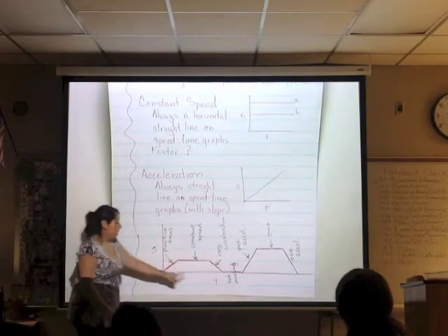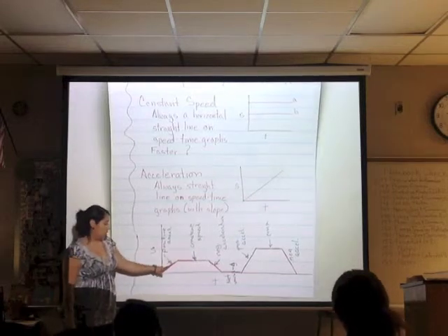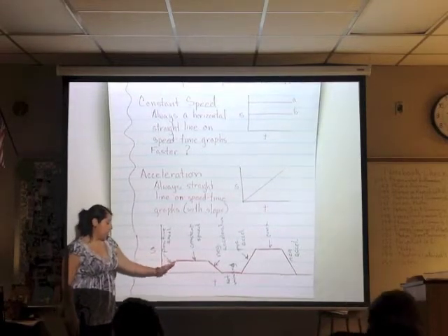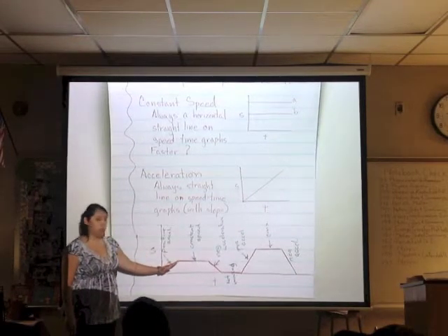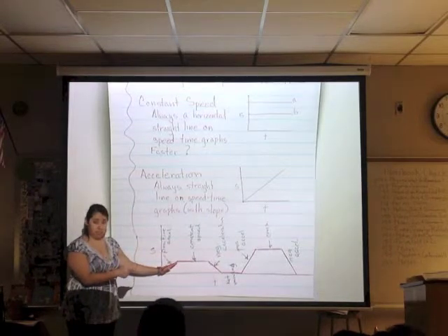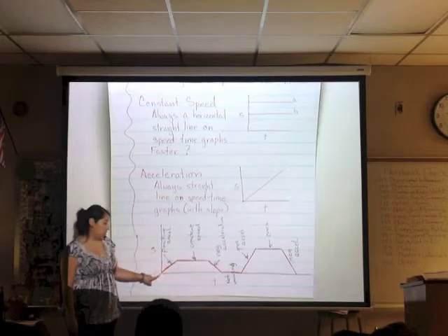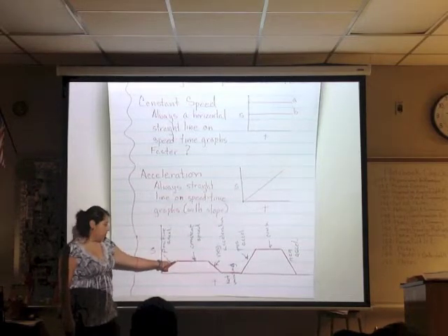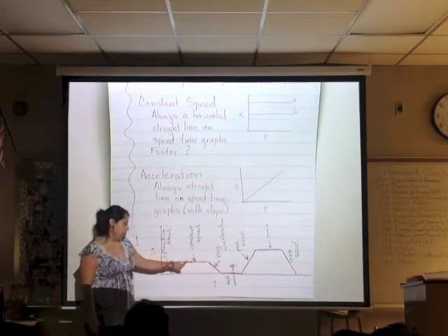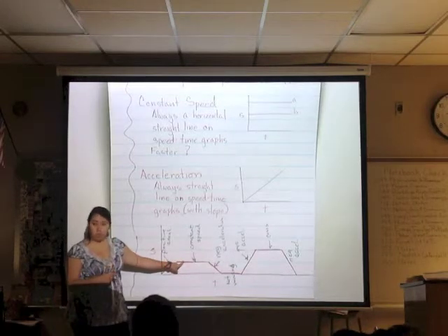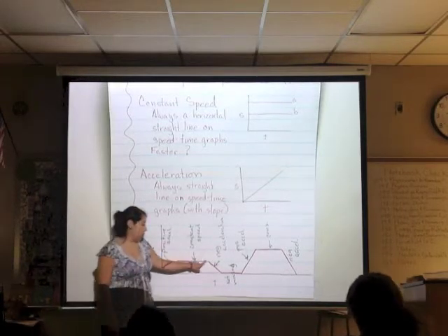So, speed time graph. This is going up. What's happening here? It's accelerating, so it's going faster, right? Then it becomes a straight line. Here it's constant speed.